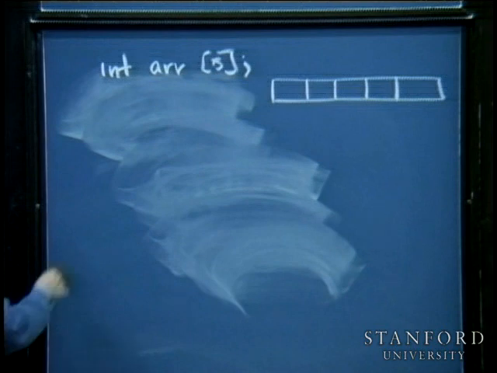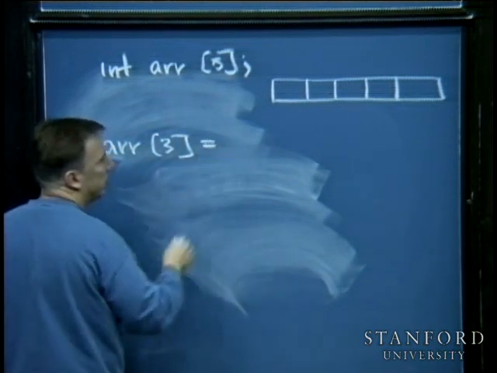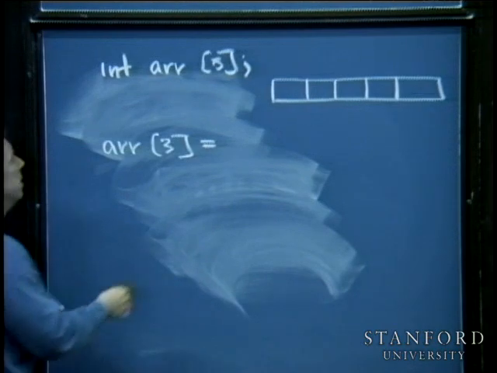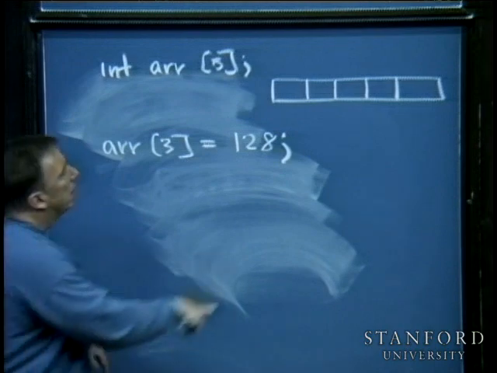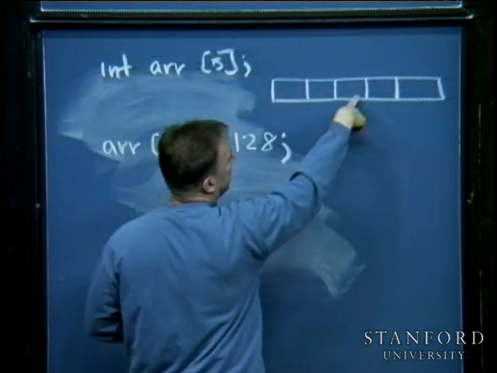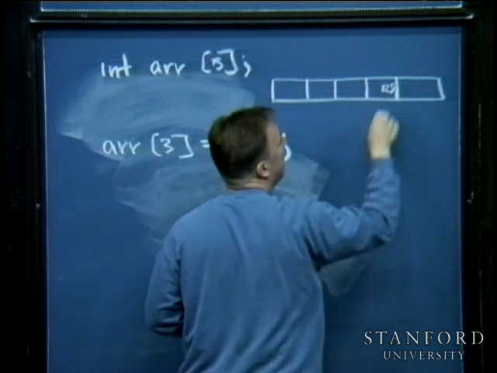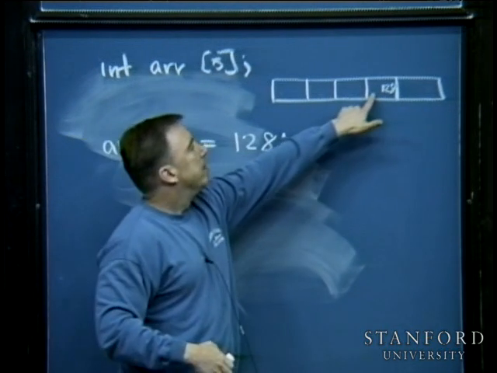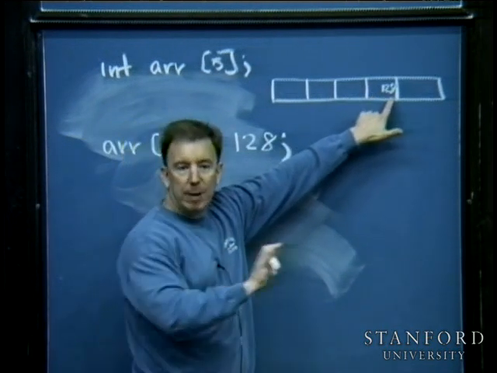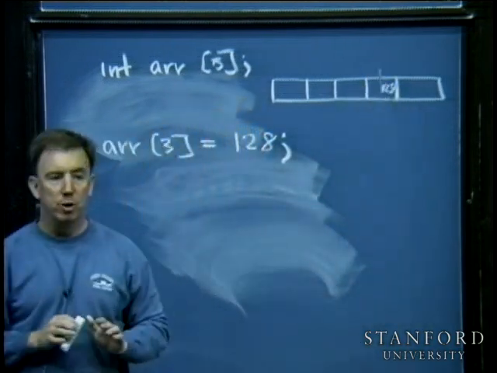If I go ahead and set array of 3 equal to 128, the others are left uninitialized. I actually put a 128 there, and I'm drawing in the right half of the box because that's really where the bits will be updated. Everything to the left of the 128 will be all zeros, and this will be 1 followed by 7 zeros. I'm just emphasizing the fact that the 128 happens to fit in the lower of the 2 bytes.